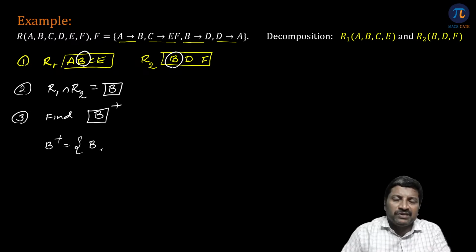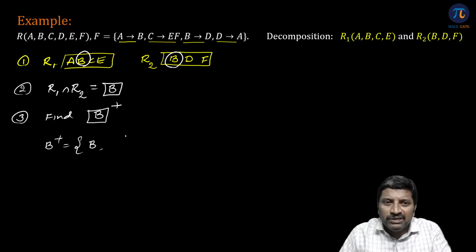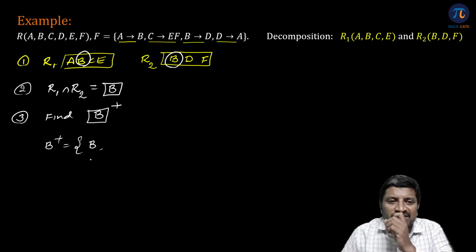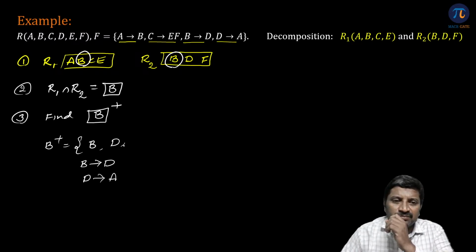With B, trivially you can get B, right? Anything else possible, sir? Yes. With the B, you can get D. Yes. With the D, you can get A. Yes. With A, you can get B. B, I already have. Anything else possible, sir?